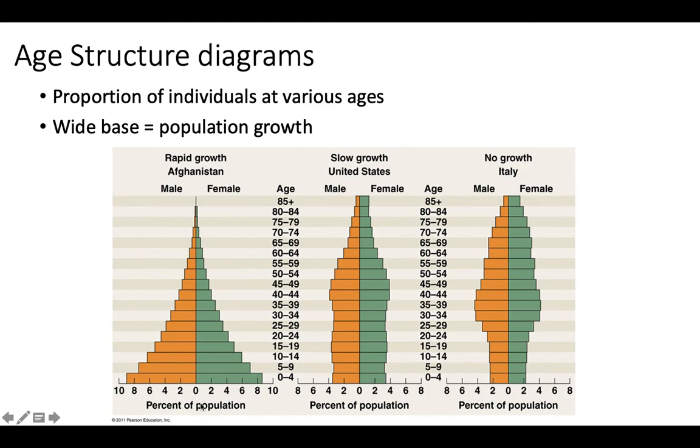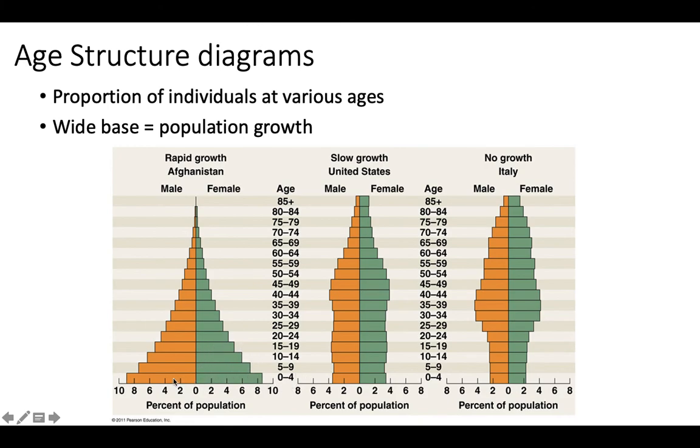here, right? So on the bottom we've got percent of population with 0 being in the middle. Okay, on the left is orange, and on the right is green. Orange represents the male population, and green represents the female population. Going up, I guess you could call it the y-axis, each different row represents a different age group.